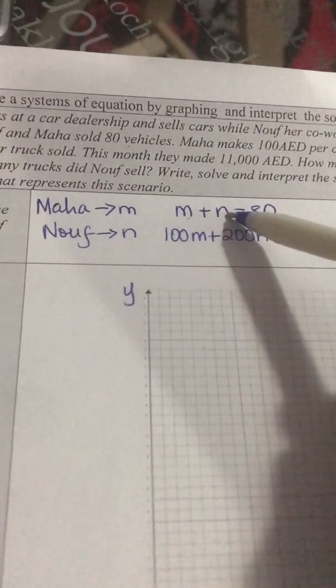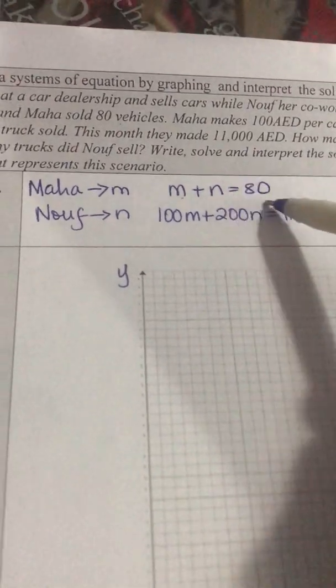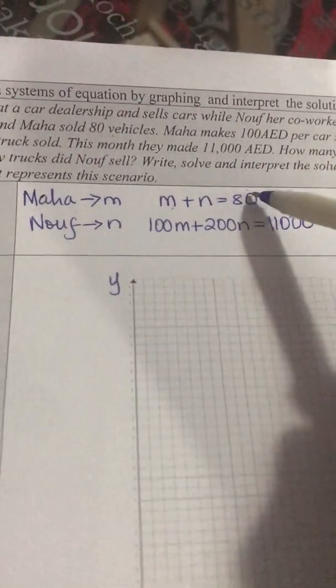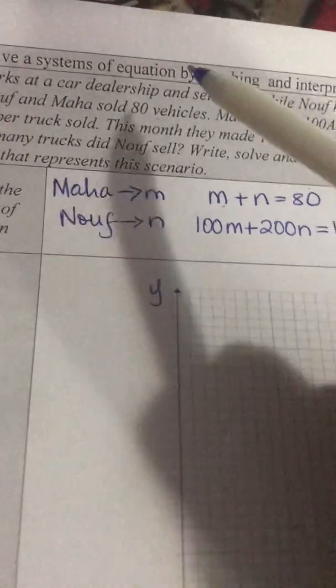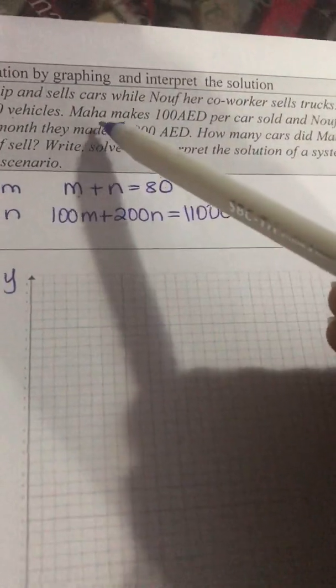So Maha and Noof, they sold 80 vehicles. That means vehicles means different types of cars. Yes. So in here there is cars and trucks. That's what I'm trying to say. That's what vehicles means. Okay.